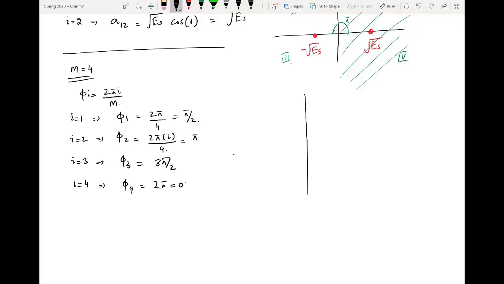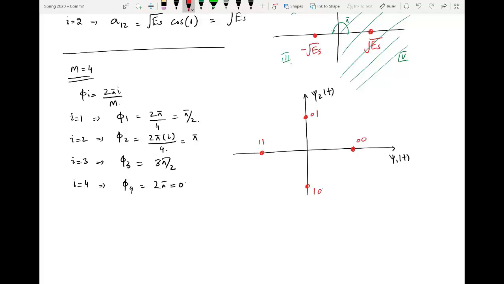So now the constellation diagram will have 4 points, and you need 2 basis functions in this particular case. This basis function is phi_1 of t, and this basis function is phi_2 of t, and the constellation points will be like this: the first point, the second point, third point, and the fourth point, right? So this point corresponds to 00, this is 01, this is 11, and this is 10.